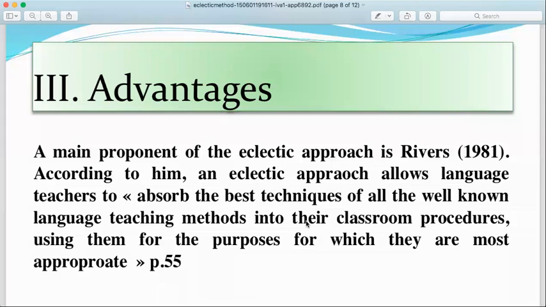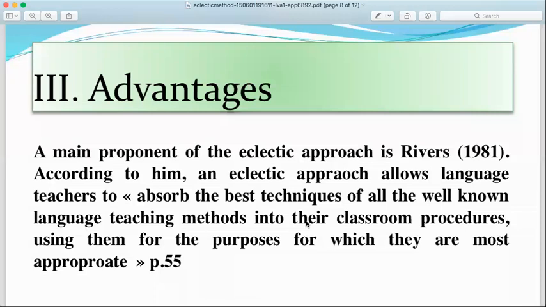Let's put it this way, right? So the aim and objective of eclecticism is to make the learners functional in the use of language. That is why it sees language as a whole. It does not see teaching of skills separately or dividing the language to be taught in the classroom. That language should be taught as a whole, one thing.